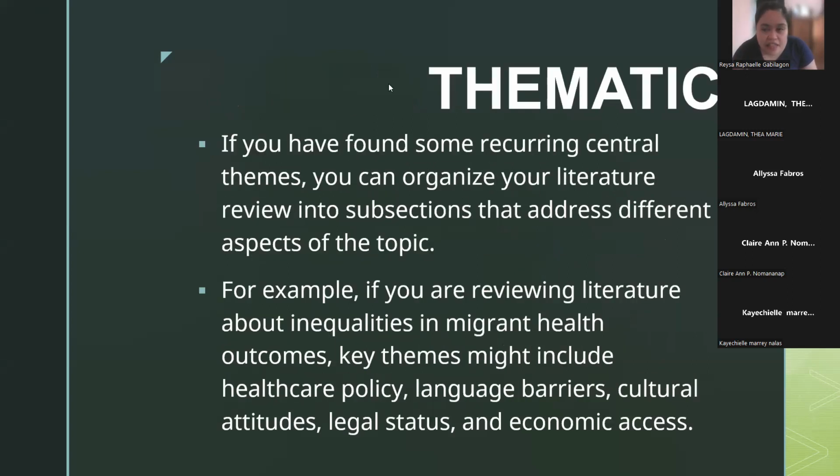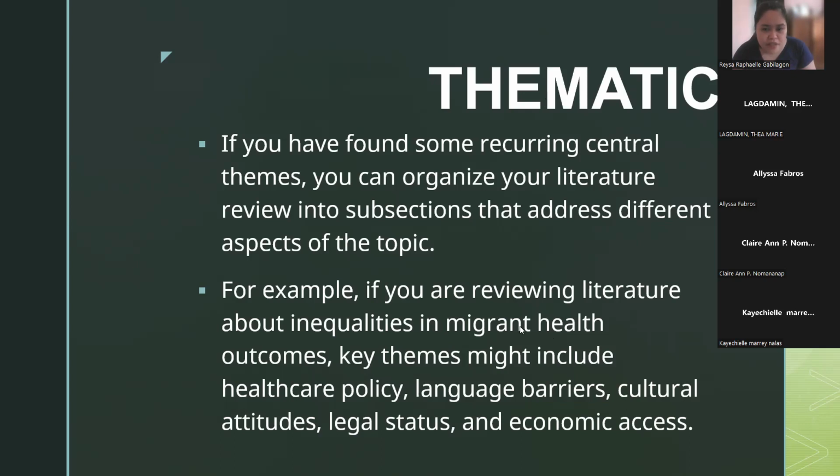Now, most of the studies in our institution actually used the thematic strategy. From the name itself, we are going to use sub-themes or sub-classifications. When we look at their RRL, the topics are separated, like they have subtitles. That's the thematic strategy.